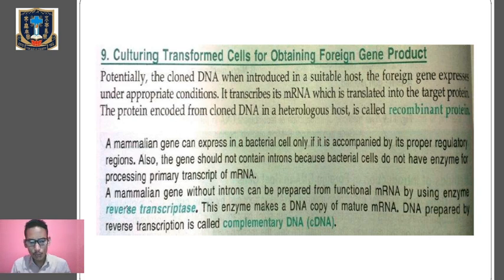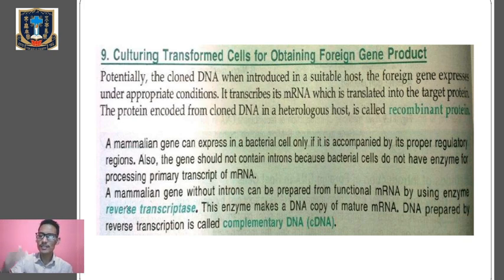Therefore the protein that has been expressed or formed in the heterologous host is called the recombinant protein. Clear? So a mammalian gene can express in a bacterial cell only if it is accompanied by proper regulatory regions. Also, the gene should not contain introns because bacterial cells do not have the enzyme for processing the primary transcript of mRNA.